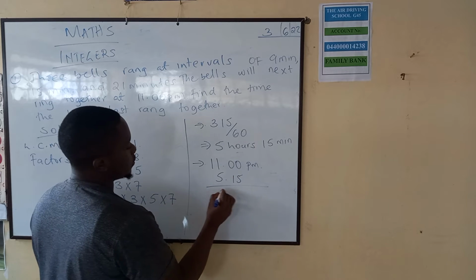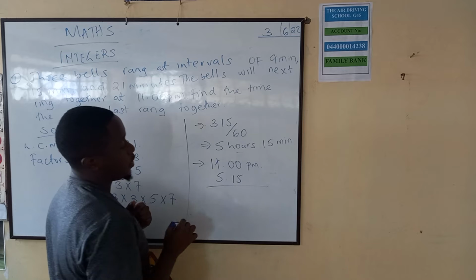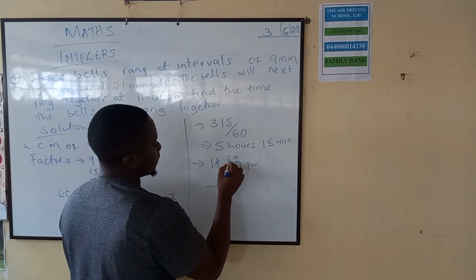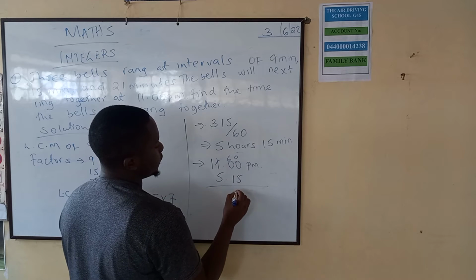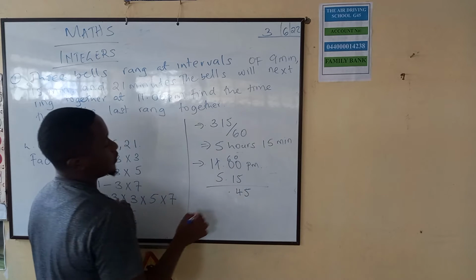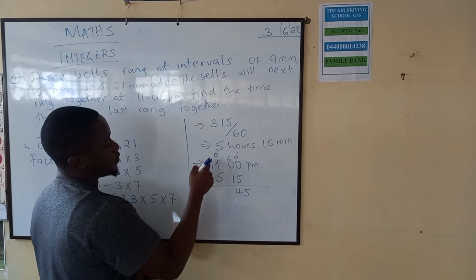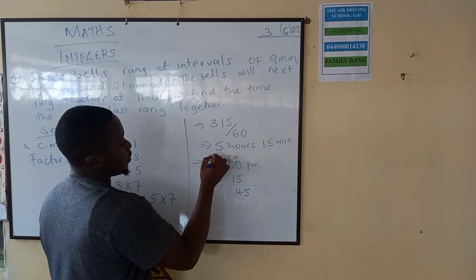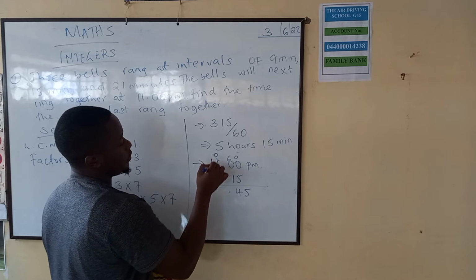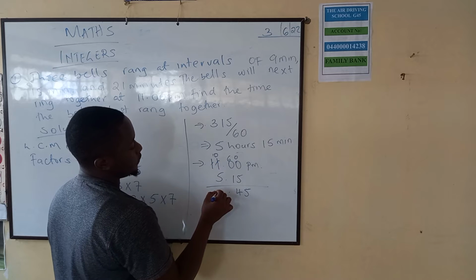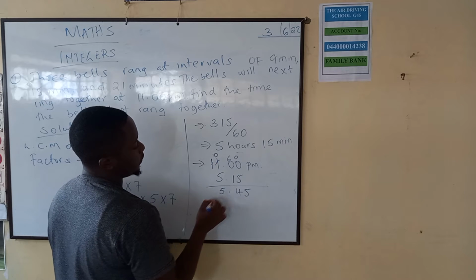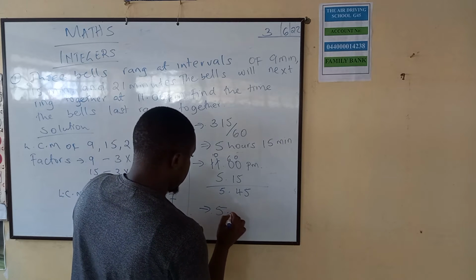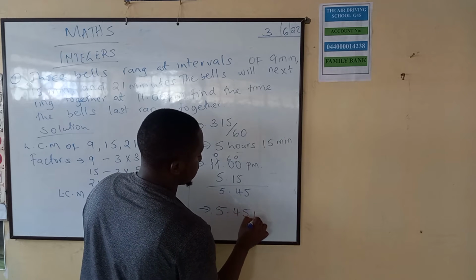When you borrow 1 hour, you get 60 minutes. 60 minus 15 is 45. Again, you remain with 0 there, so 10 borrow 1 hour there. 10 minus 5 remains 5. So the time they last rang together was 5:45 p.m.